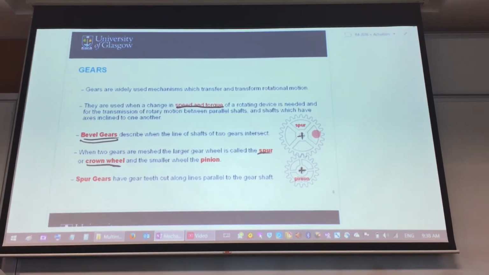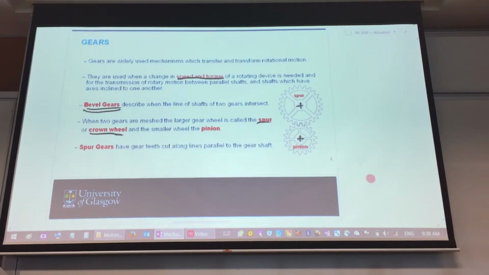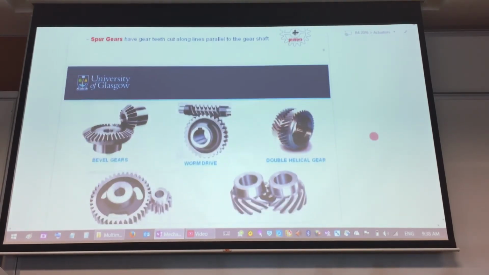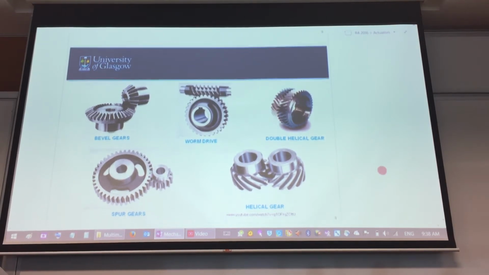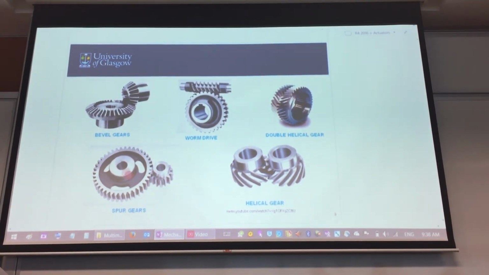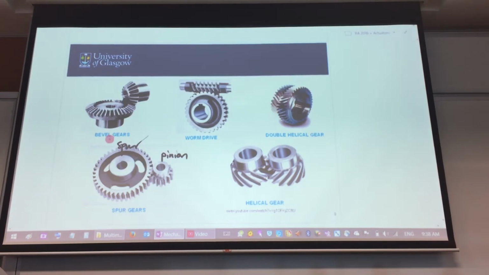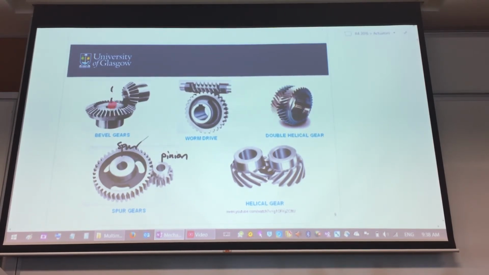This next slide shows you different types of gear systems. So you have the spur gear system, the pinion and the spur. And then you have this bevel gear, where I was talking about the axes being perpendicular to each other.